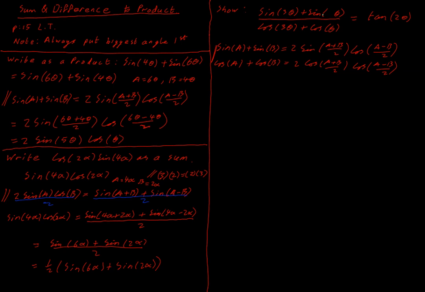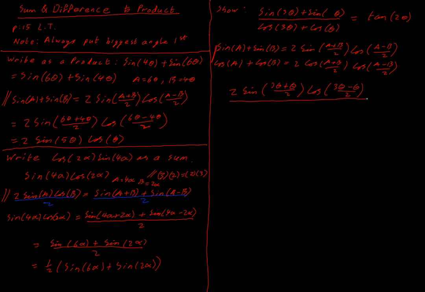I don't need to rearrange my sines and cosines here because I already have the biggest angle coming first. So my 3 theta is going to be my a and my theta is going to be my b in both cases. So let's sub in. I'm going to, on the top line, have 2 sine of 3 theta plus theta all over 2 cos of 3 theta minus theta all over 2.